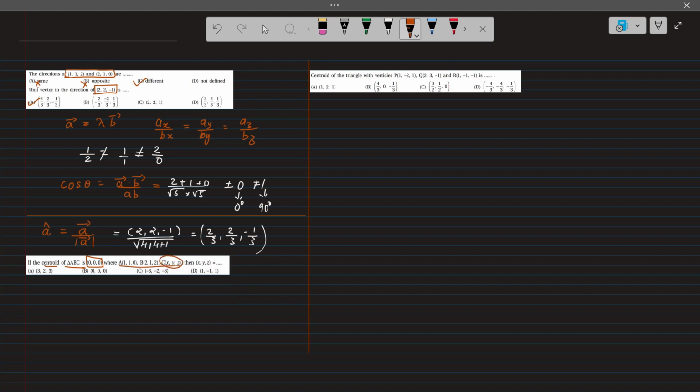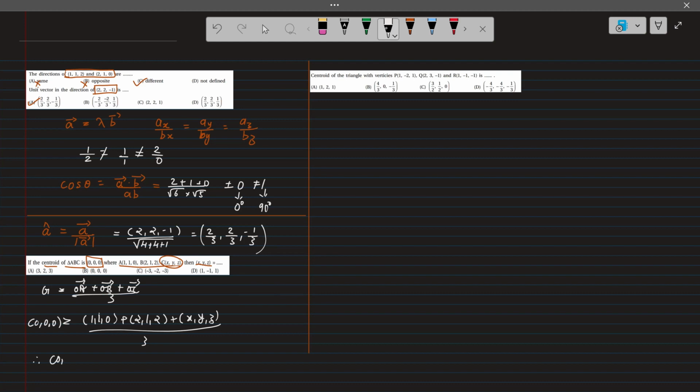The coordinates of C are in terms of X, Y and Z. So we basically have to find the coordinates of C. For centroid, we can say the coordinates of centroid are given as addition of position vectors of all the three vertices divided by 3.